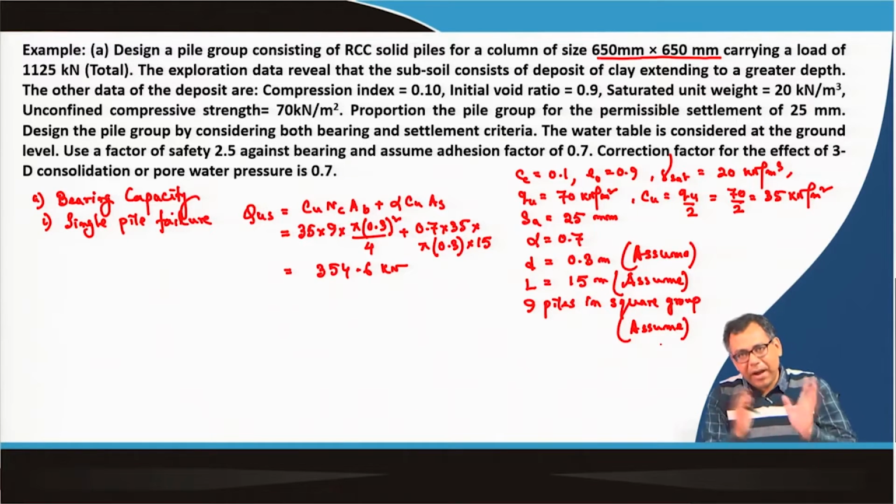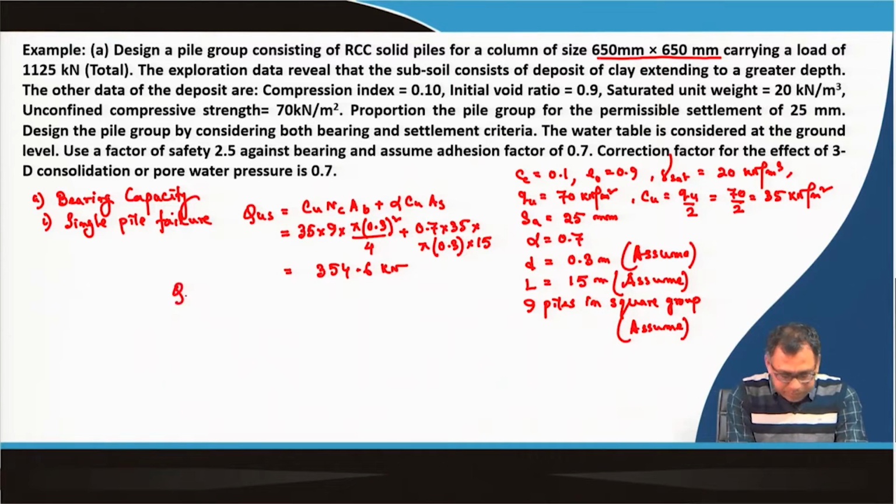So the number of piles also you have to assume for the first trial. Then we will check whether that assumption is correct or not. If it is not correct, then you have to redesign this. So the 9 piles we assume are in a square pattern.